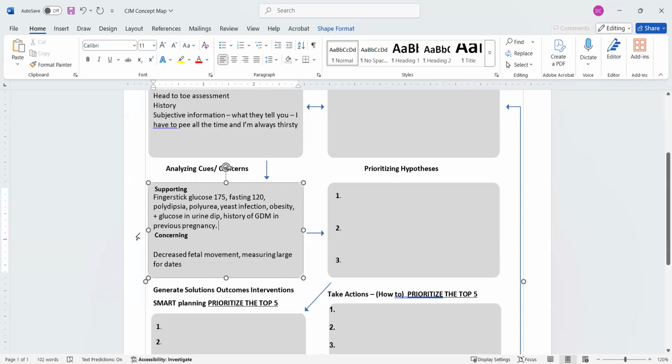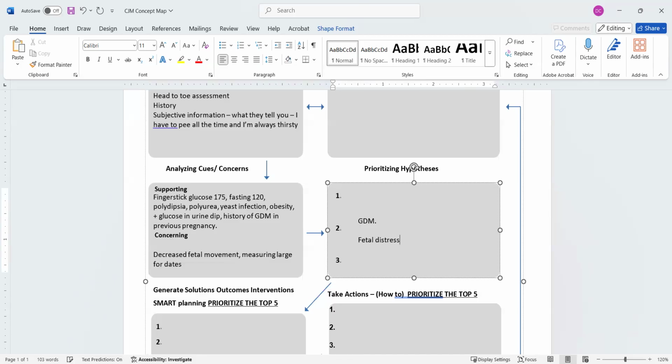All of these things here then support that hypothesis for gestational diabetes. And of course, GDM. But it could also be fetal distress if they're not feeling fetal movement.